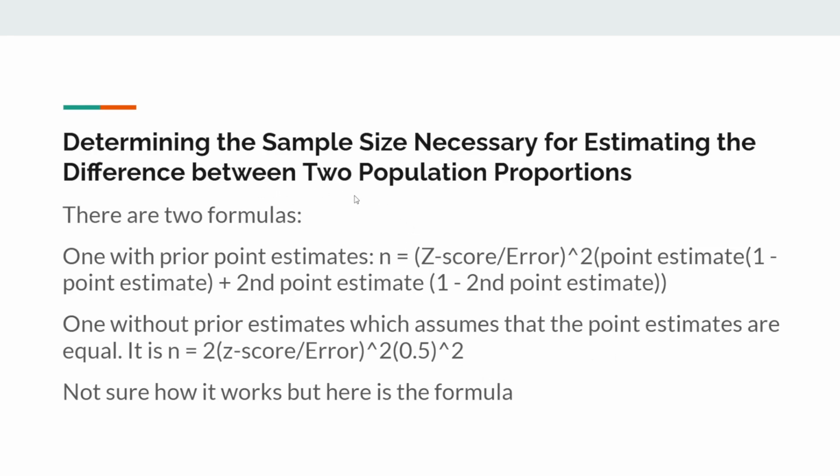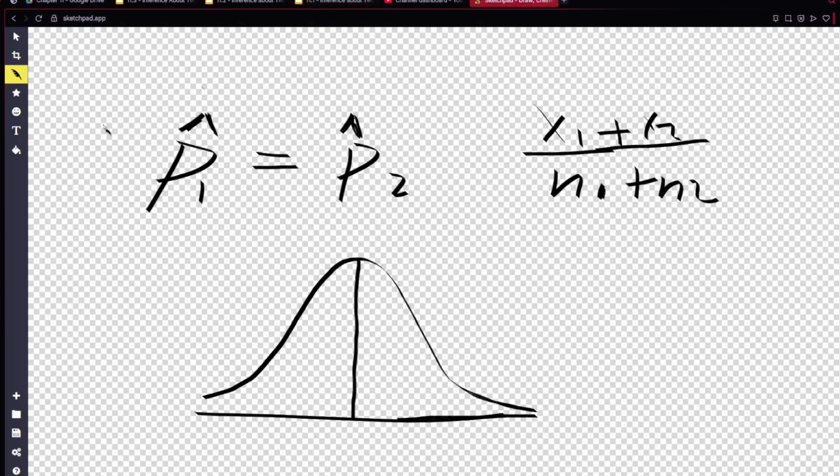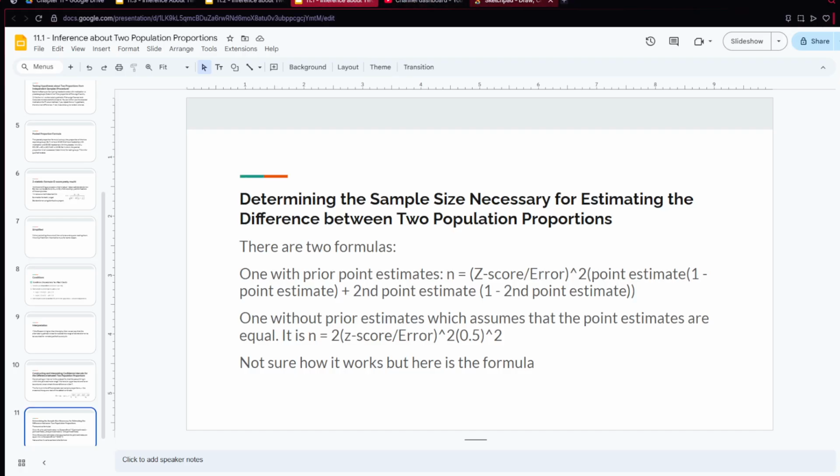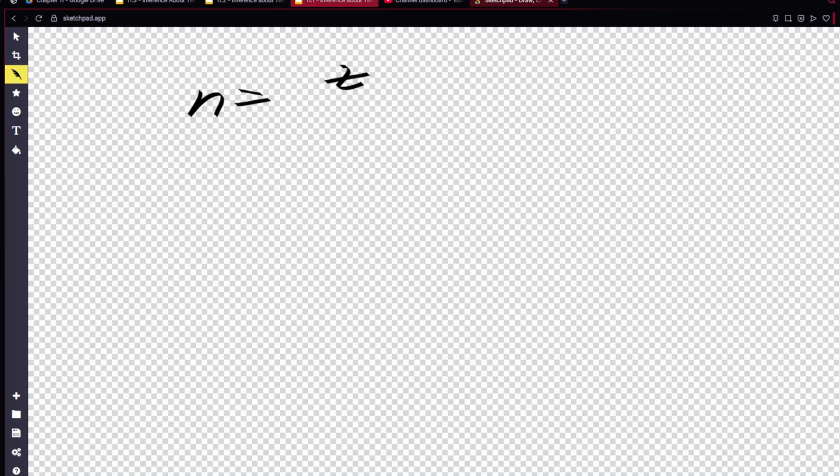Determine the sample size necessary. Here, there are two formulas. One with prior point estimates, which is the rearranged formula. So it's n equals z over error, squared.